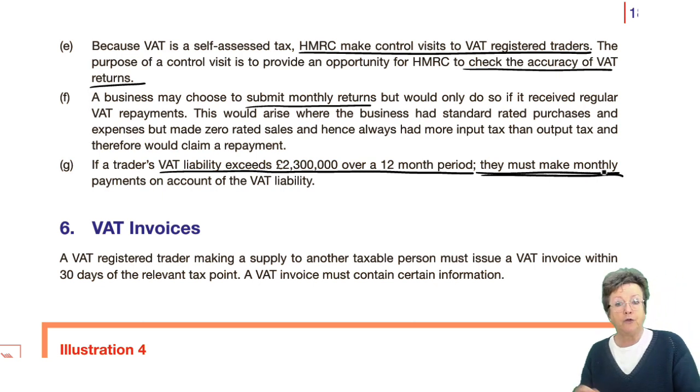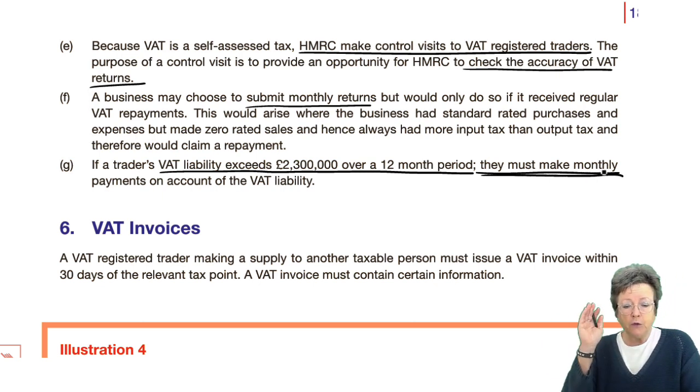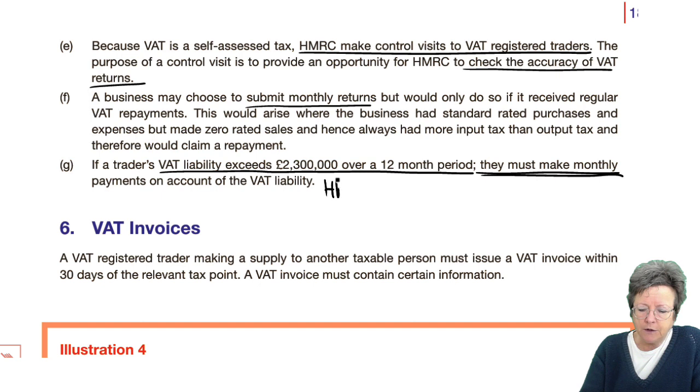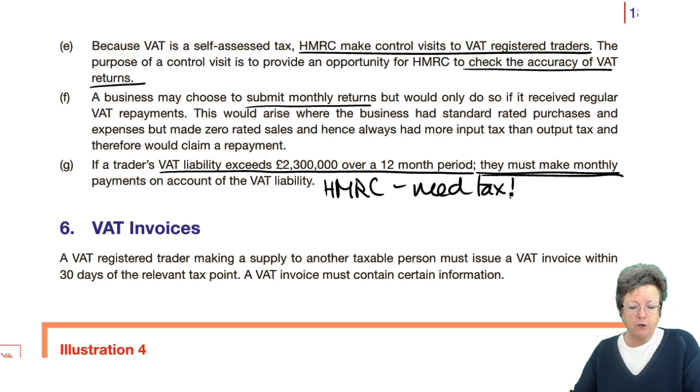I read that wrong, sorry. Okay, so you can make monthly payments if you want to, but you don't have to. If your VAT exceeds 2.3 million in 12 months, then you have to make monthly payments. And there's a reason why. HMRC, they need the tax to keep the country going.